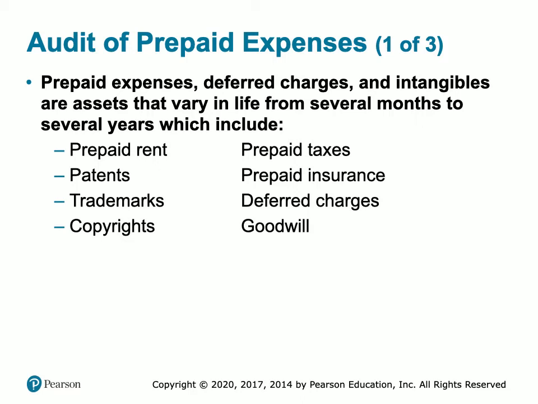Patents and trademarks and copyrights are not prepaids. Those should be long-term assets. And there are other things like goodwill that should come from acquisitions. So it should be pretty straightforward and subject to analytical procedures.